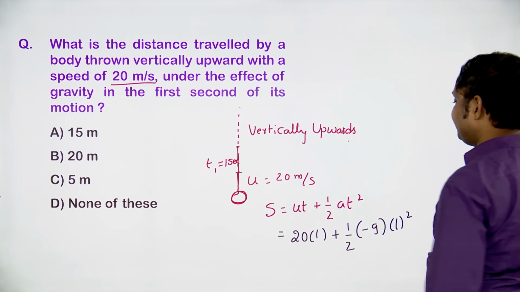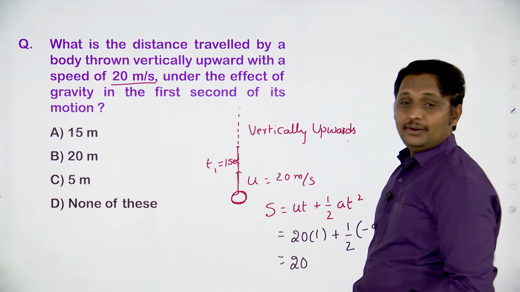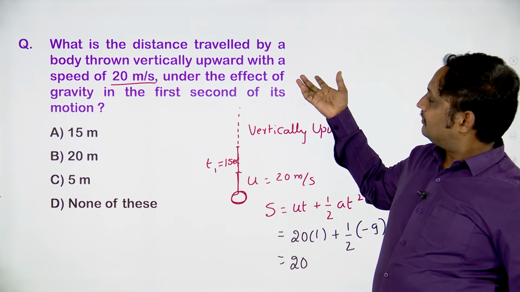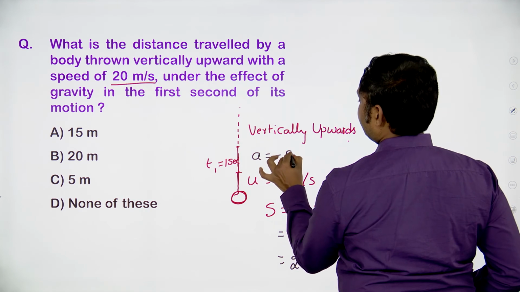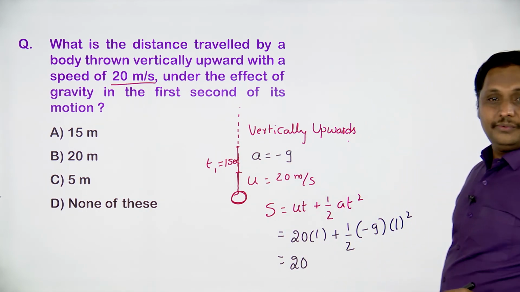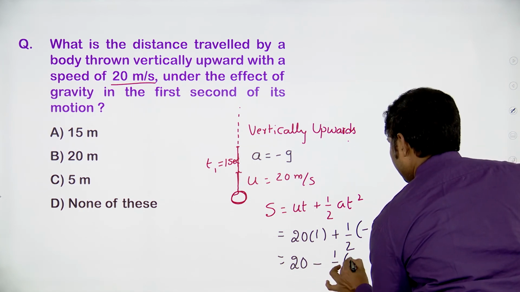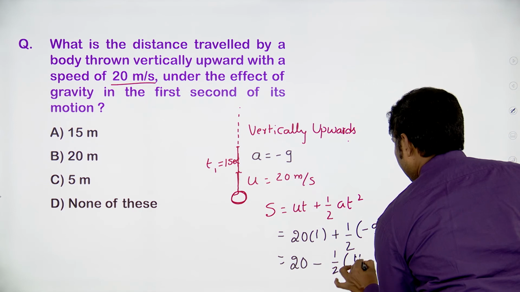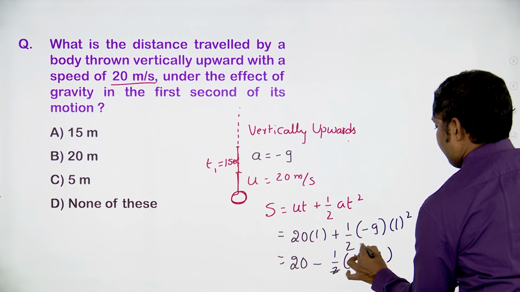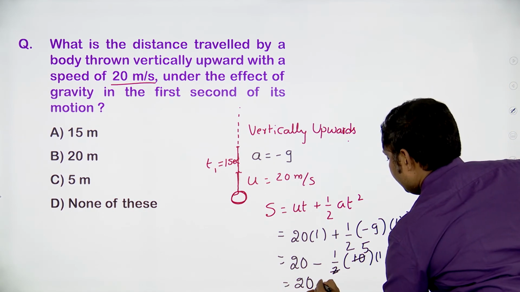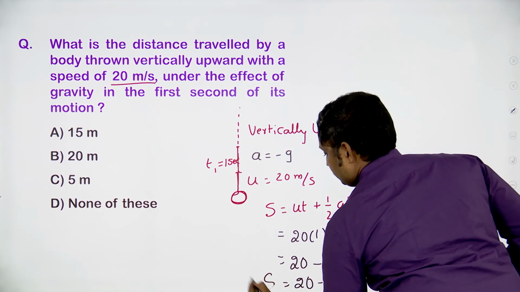While it has been projected vertically upwards, you have to take a is equal to minus g. Therefore, minus 1 by 2 into 10 meter per second square. That is 20 minus 5, that is 15 meter.